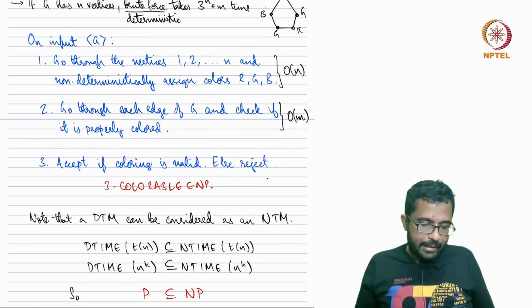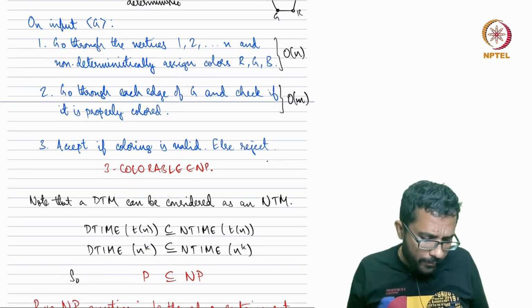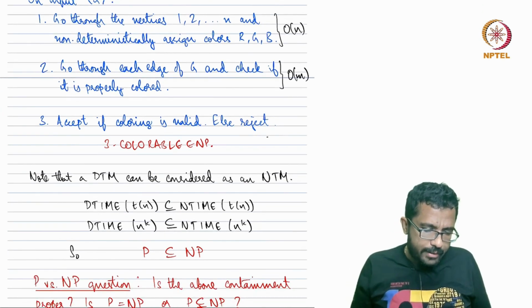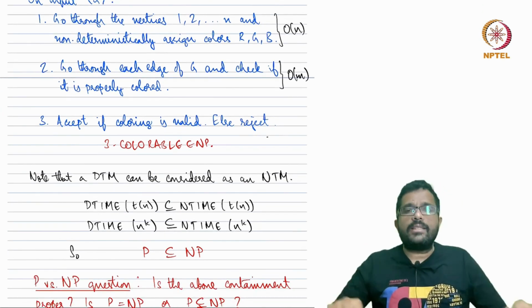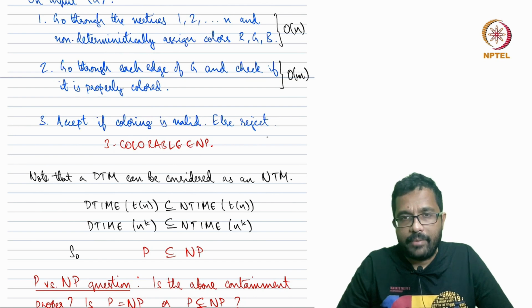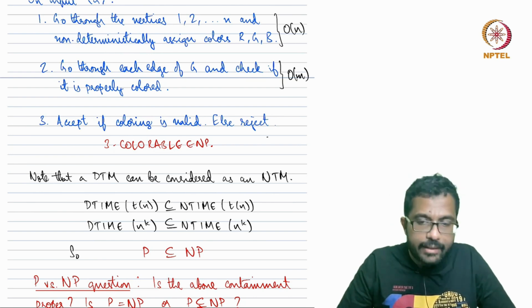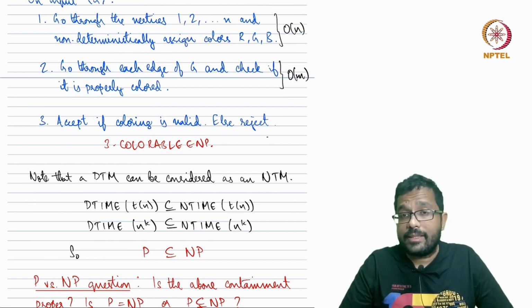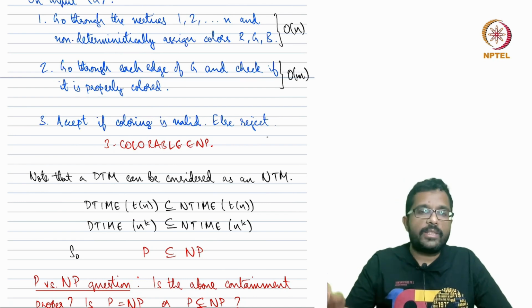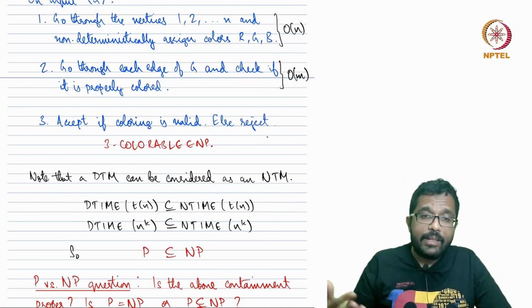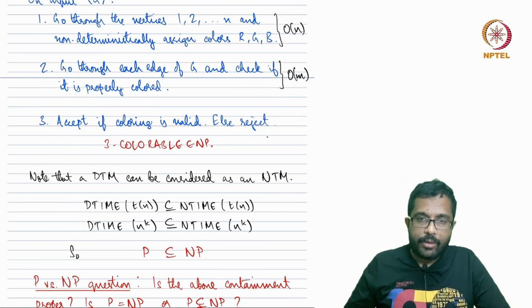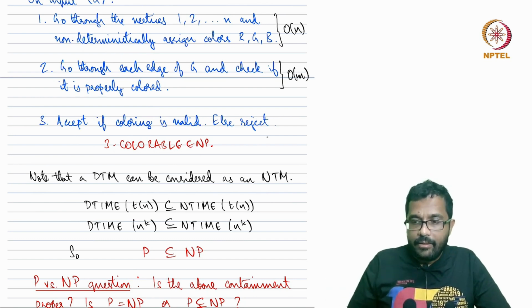Anyway, we'll come to that a bit later. One point that I want to mention is a comparison between the classes P and NP. First of all, any deterministic Turing machine can also be considered as a non-deterministic Turing machine, because a non-deterministic Turing machine has the capability to make multiple choices for a given configuration. For each configuration, there could be multiple next moves possible.